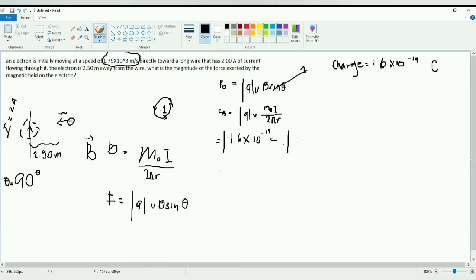And we have a velocity of 1.79 times 10 to the power of 3 meter per second, times mu naught times 2 ampere over 2 pi times 2.5 meter.